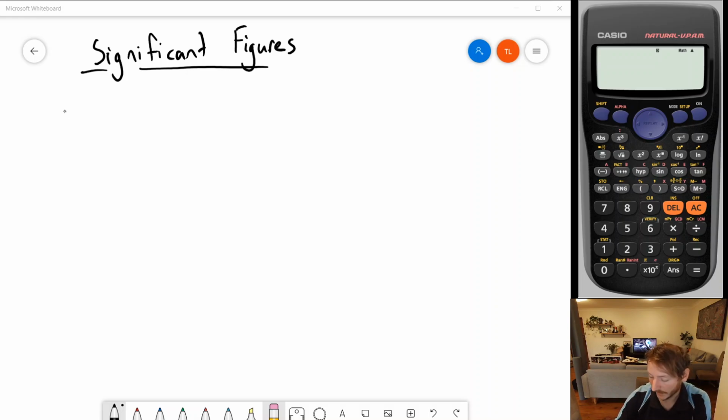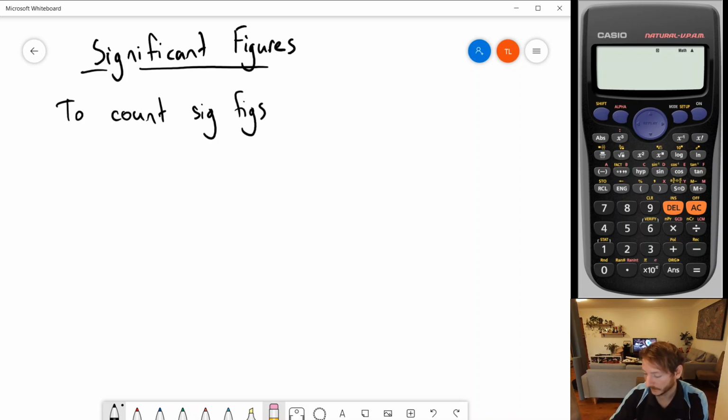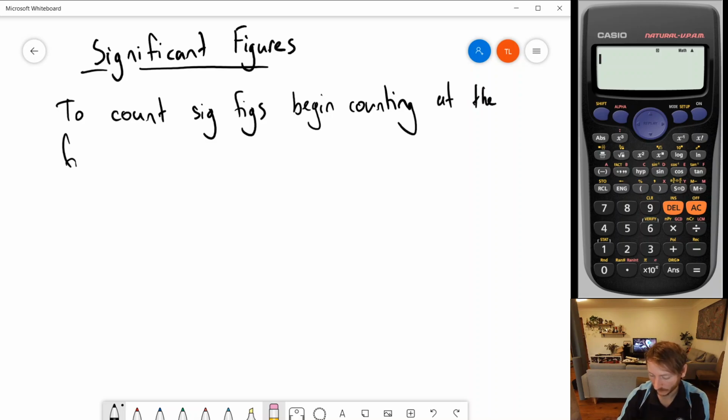So to count significant figures, we often write sig figs, just because it sounds fun to say. To count significant figures, begin counting at the first non-zero digit.